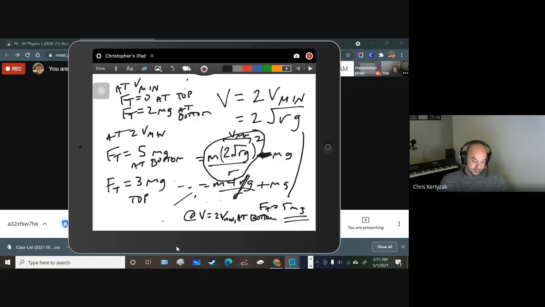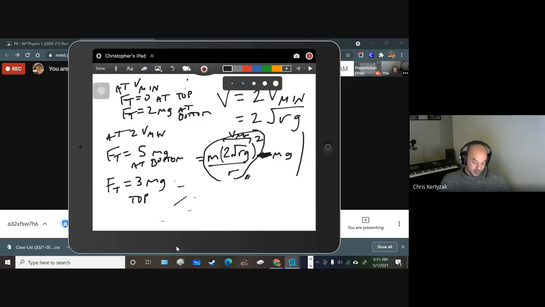So you could think of it as just doing 2. You could think of it as doing n. Trying to think of an easier way to write this. Square root of RG squared.